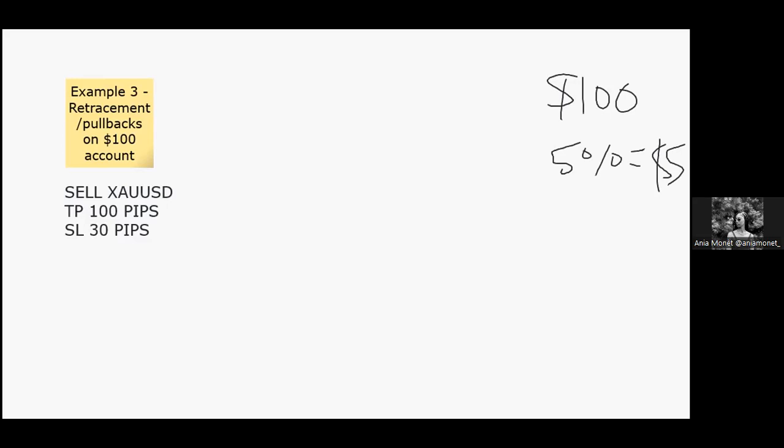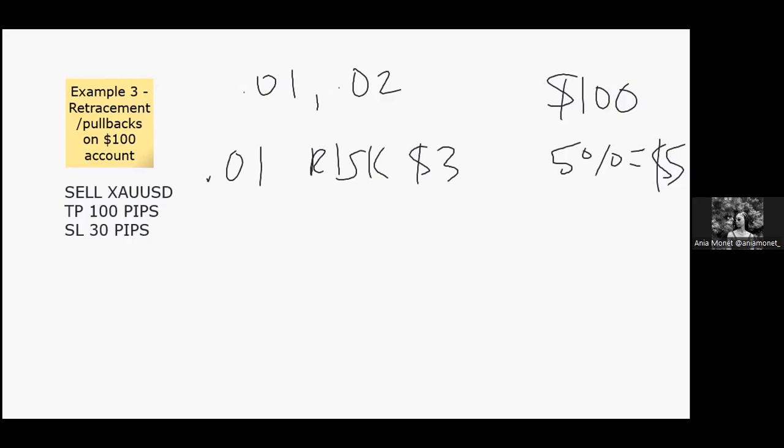So I would say with a $100 account, and if you want to trade something like gold, stick with a 1 cent or a 2 cent lot size. Okay? And then just to see what your risk and reward would look like, a 1 cent, if you were to risk 30 pips, you'd only be risking $3, right?